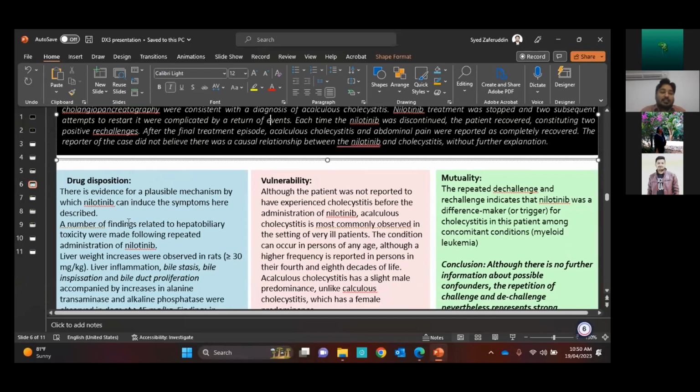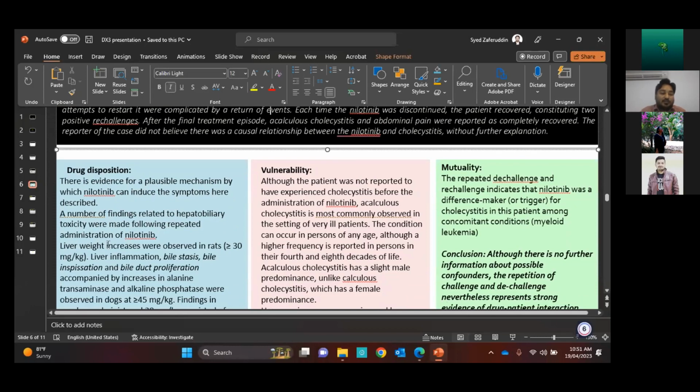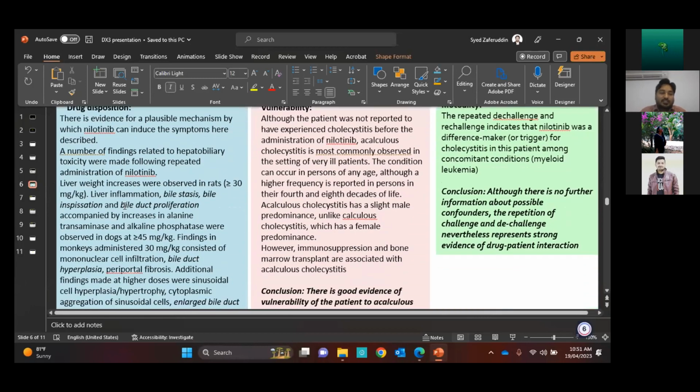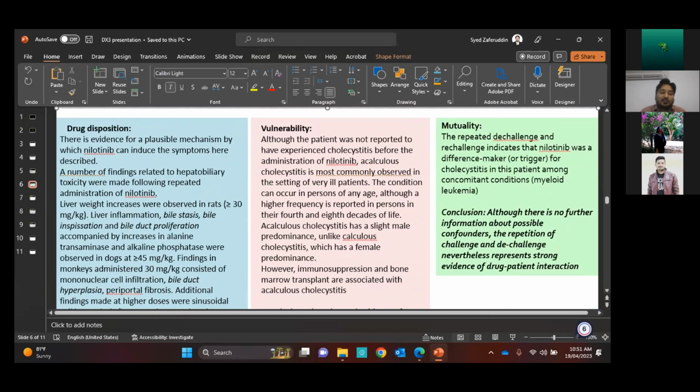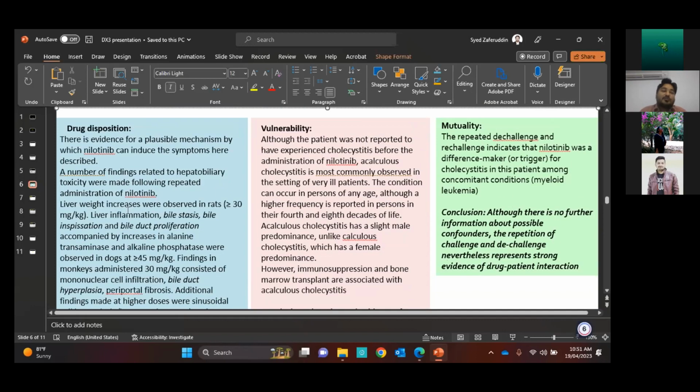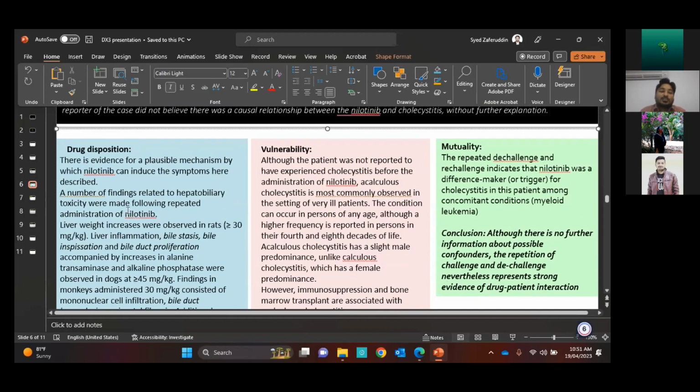A number of findings related to hepatobiliary toxicity were made following repeated administration of nilotinib. Liver weight increases were observed in rats. From all this information, which we collected after reading the drug's literature, we concluded that there is a possible mechanism through which this drug can cause this adverse drug reaction. So it means that we have a strong causal association when it comes to the drug disposition parameter.